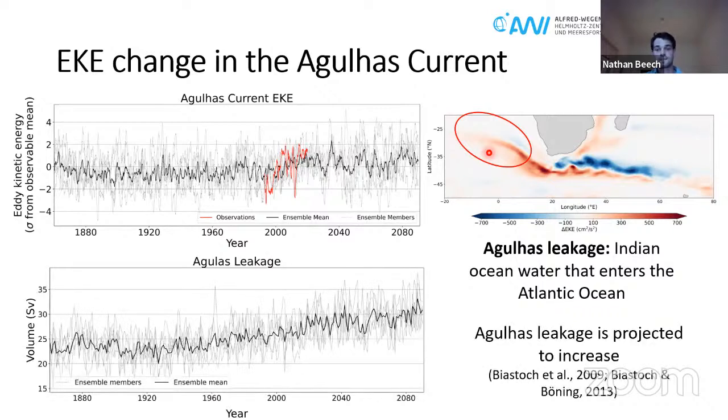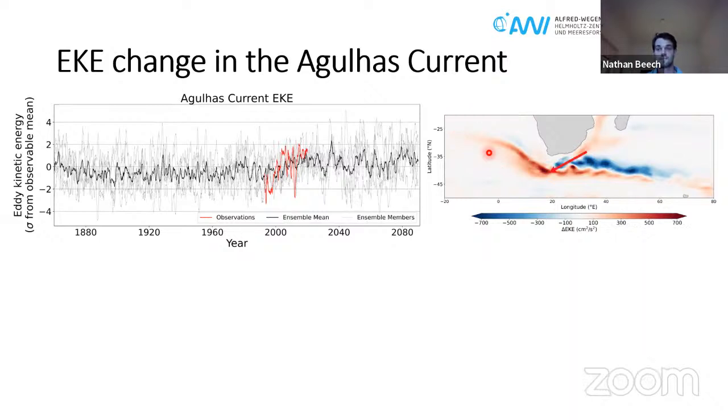But we can, again, double check that with the rest of the model data set, and we see that Agulhas leakage does increase in this model. We also find from the general scientific understanding of ocean circulation that this is expected to increase in the context of climate change already. And so we can confirm that with these simulations here.